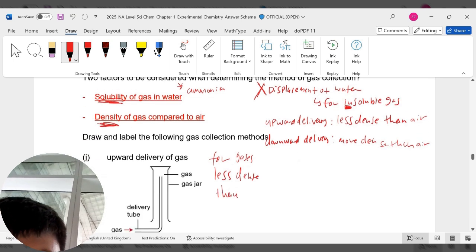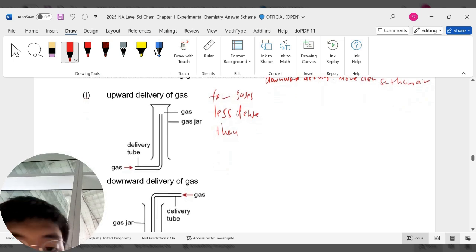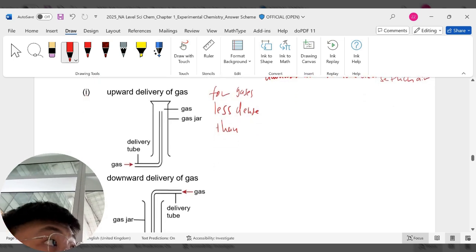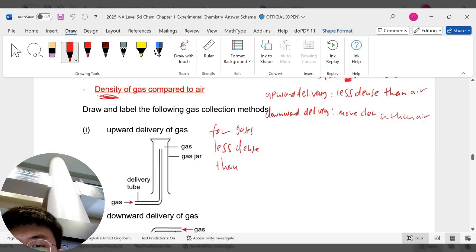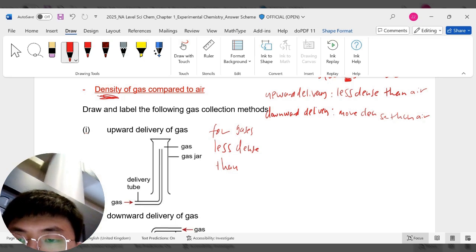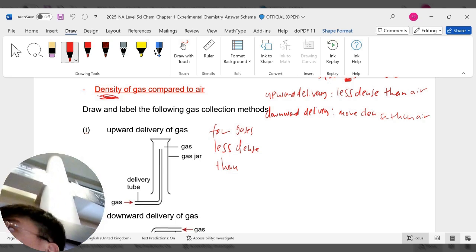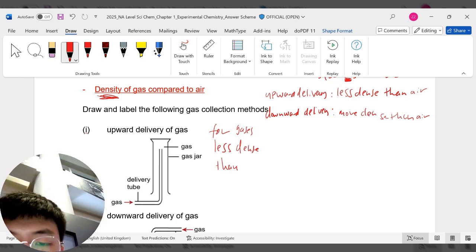So for upward delivery, can you recall what it is used for? Let's continue. Upward delivery of gas is the method we use for gases that are less dense than air.